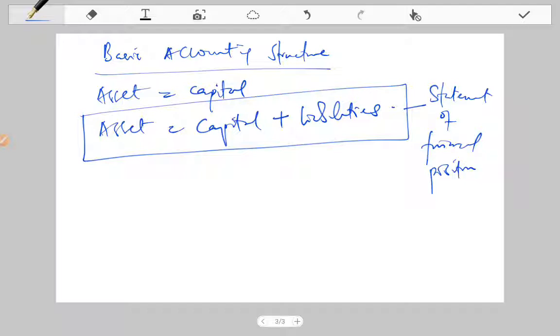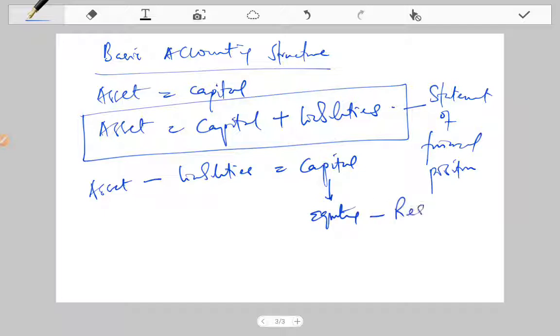So in this case, what do we look at? We can rewrite this formula by saying asset minus liability is equal to capital. Asset minus liability is equal to capital. And when we are looking at capital here, we are looking at what we call equity plus reserve.